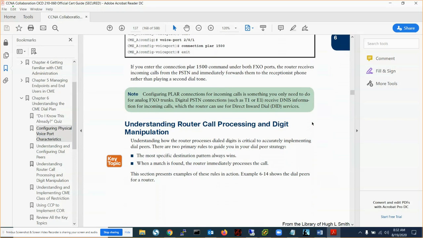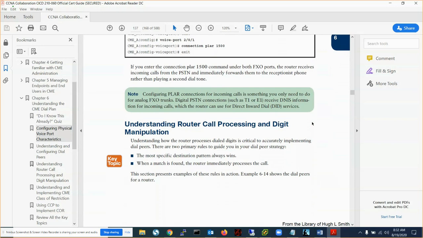So connection PLAR is something you will need to do. Digital connections like T1 and E1 receive ISDN information where the router can forward the ID services. So T1 is different. What they're really saying here is that for the FXO ports, it will send the caller ID.